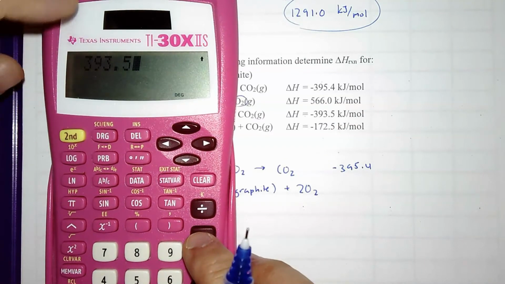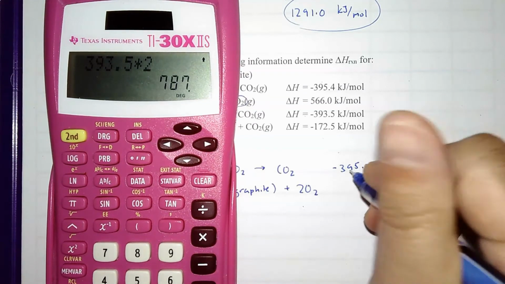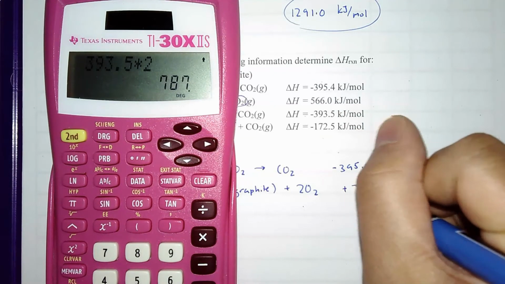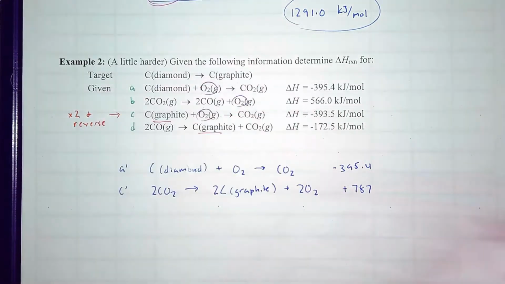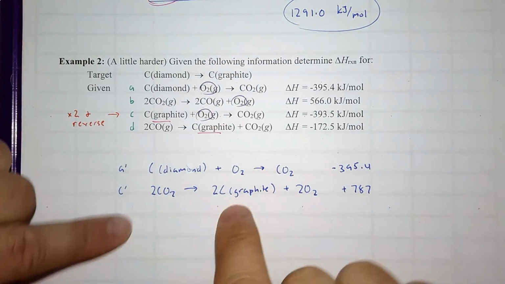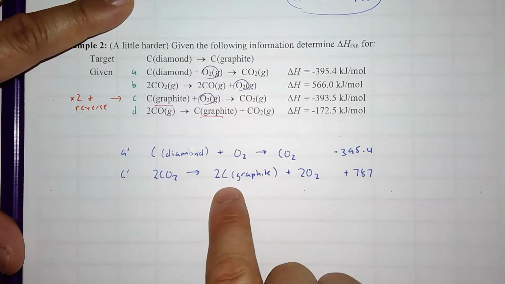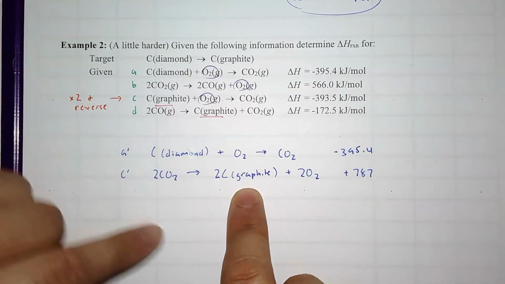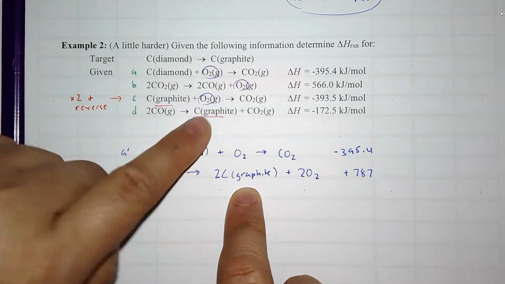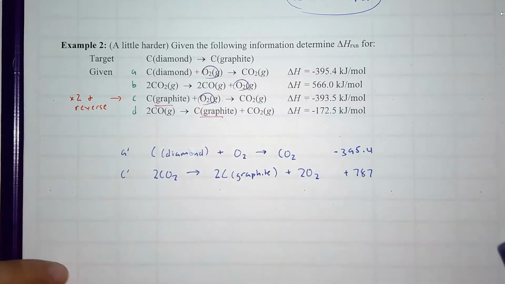And then because I multiplied all the coefficients by 2, I also multiply the delta H by 2, plus 787. Okay. What that means is that I am going to stick to my guns, and I'm going to keep the 2C graphite on the right. To cancel out one of them, to get 1C graphite on the right, I would have to manipulate D now and reverse that.